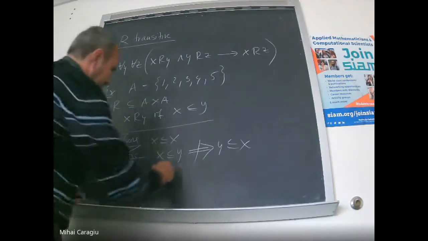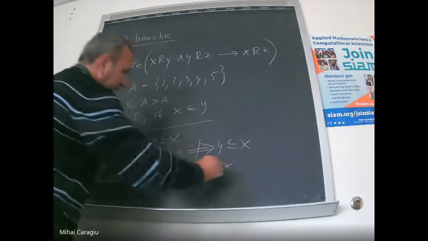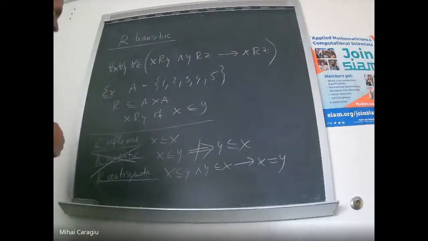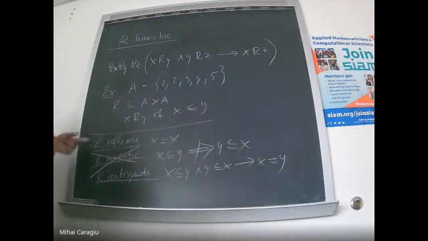That means if X is less than or equal to Y and Y is less than or equal to X, does it follow that X equals Y? Of course it does. If we have opposite inequalities of less than or equal type between two numbers, they must be equal. So far R is reflexive and antisymmetric.